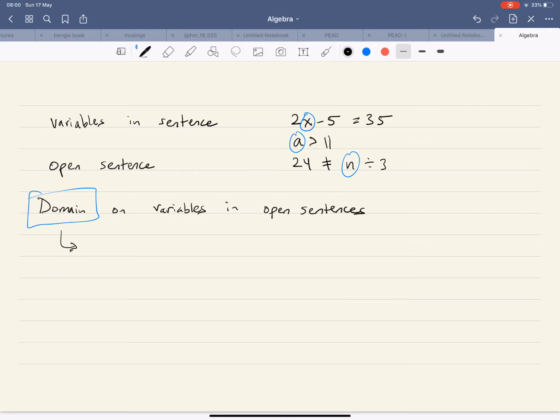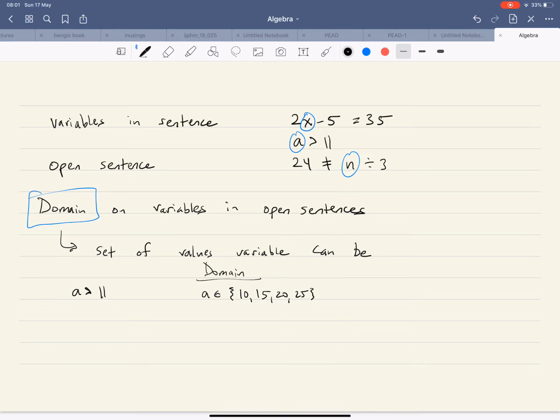So for example, if I took a look at a is greater than 11, I could have various domains on a. I could have, well, a can only be in the set 10, 15, 20, 25.